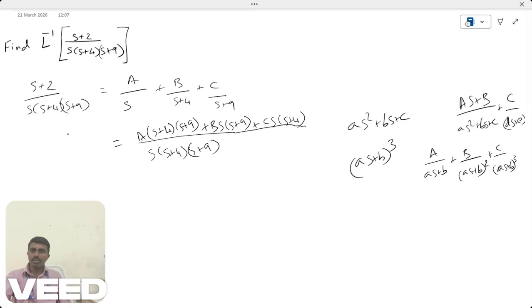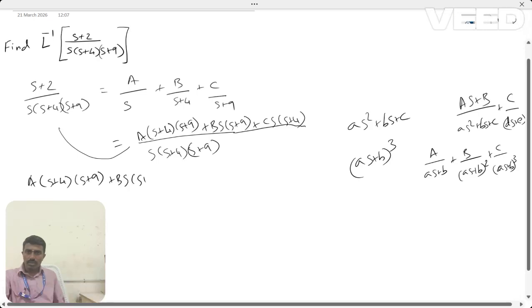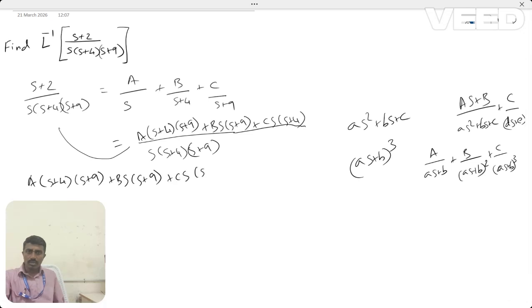Now compare these two sides. Denominators are equal, so numerators must be equal. That means A into (s plus 4) into (s plus 9), plus B into s into (s plus 9), plus C into s into (s plus 4), is equal to s plus 2.